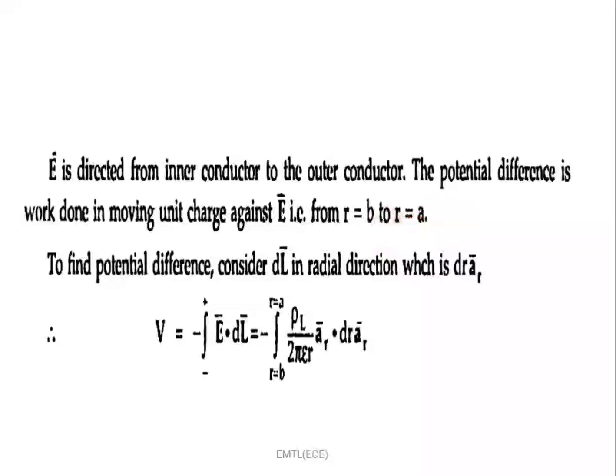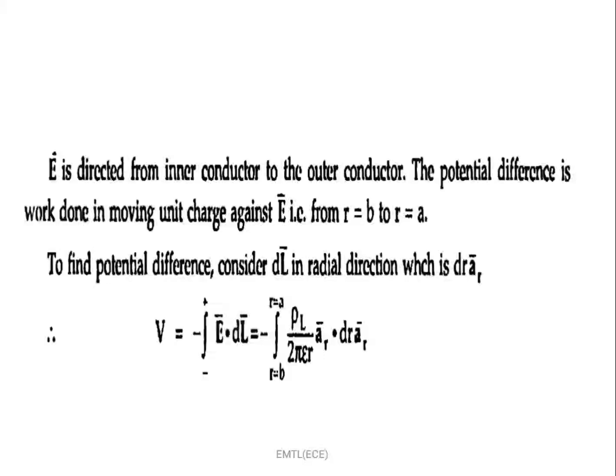The expression for the potential difference is V equal to the integral of E bar dot dl. Here we have to find the potential difference from r equal to b to a, and the expression for E for a line charge is rho L by 2 pi epsilon r AR bar.